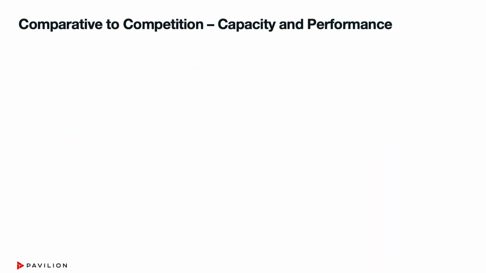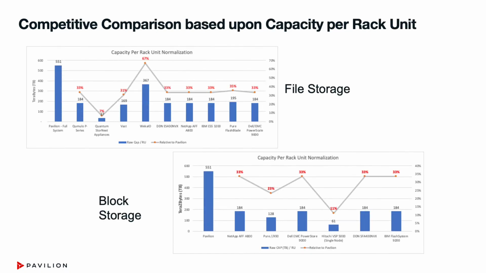This next section drills down into more detailed competitors for each one of the file, block, and object, which I shared earlier in the video in more of a summary format. Here's a summary as we look for each one of the competitors based upon a comparison to Pavilion.